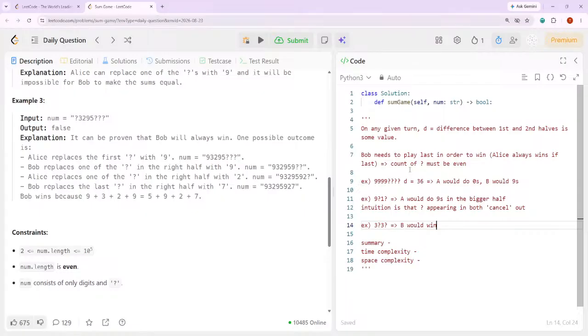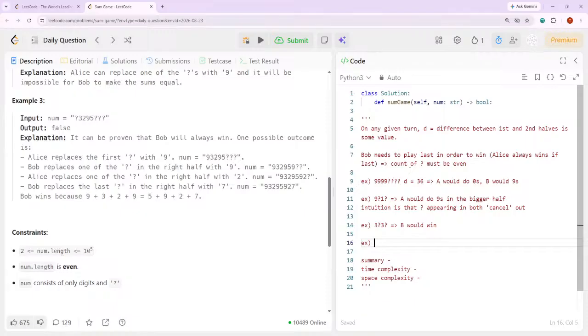So it's an uneven split of question marks between the first and second half, but the total number of question marks is still even. In that case, what happens?